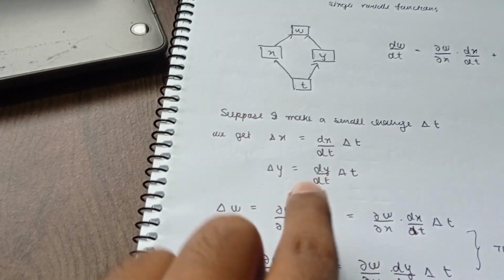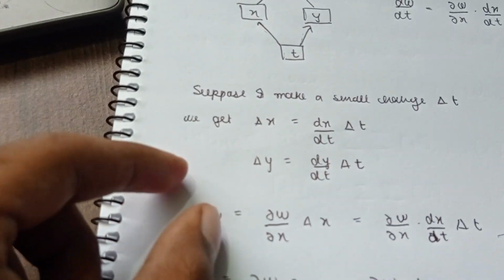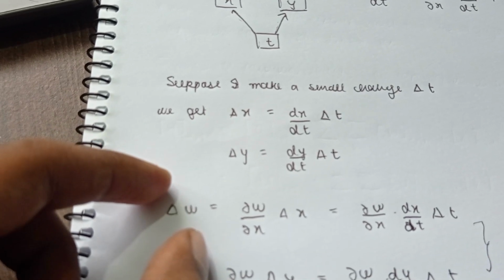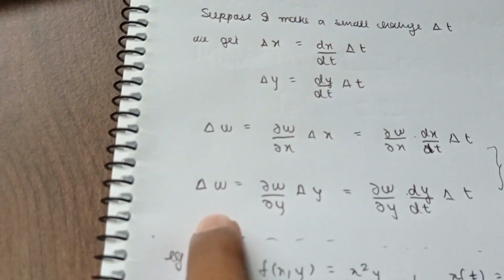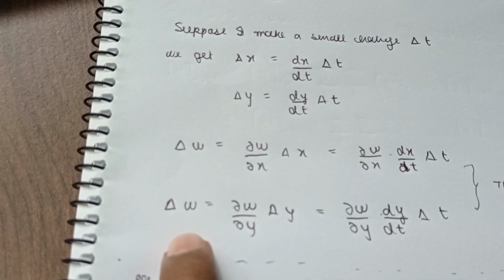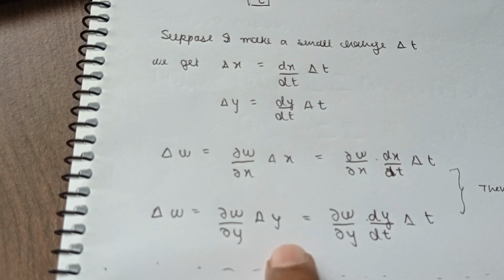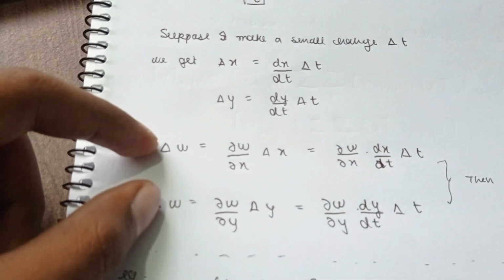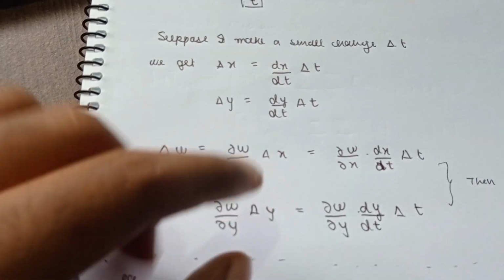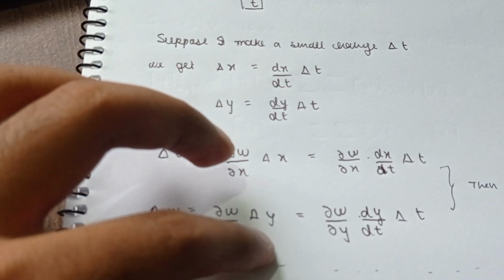So how much of del w is brought about by x is given by this, and how much of the del w change is brought about by y is given by this. But they are individual changes that are brought about by delta x and delta y.